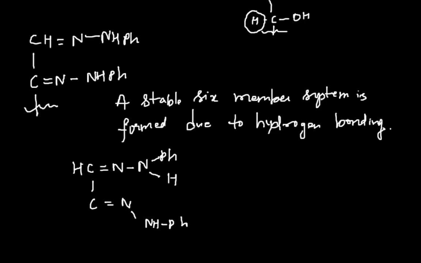Hydrogen bonding is formed between this lone pair and the hydrogen. So you end up getting a 6-membered stable system: 1, 2, 3, 4, 5, 6.